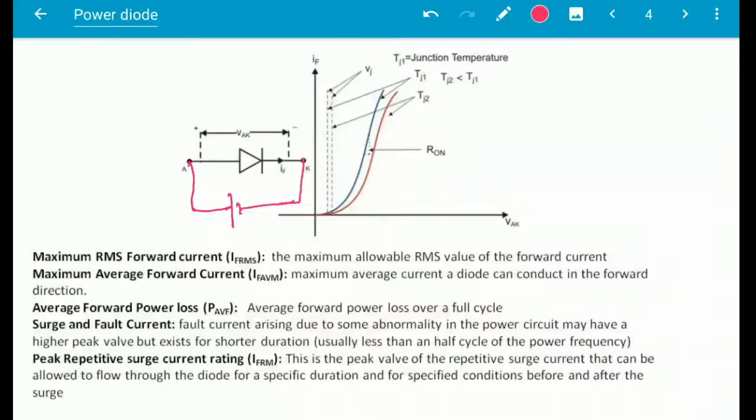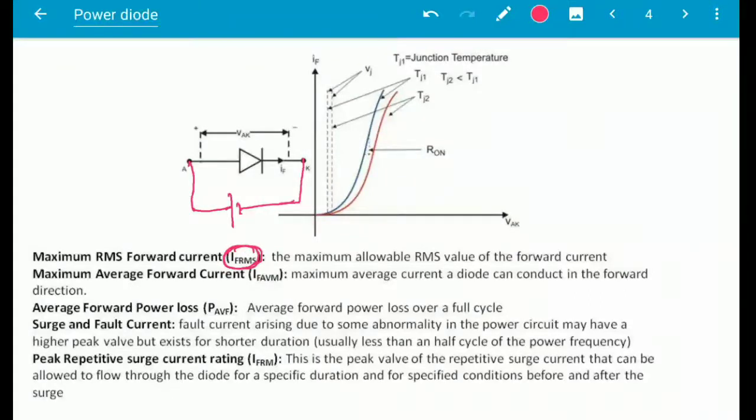Maximum RMS forward current is the maximum allowable RMS value of the forward current, IFRMS. This definition may be changed linguistically.